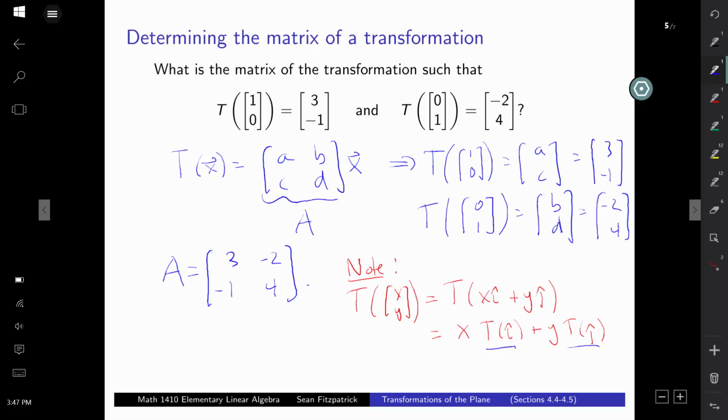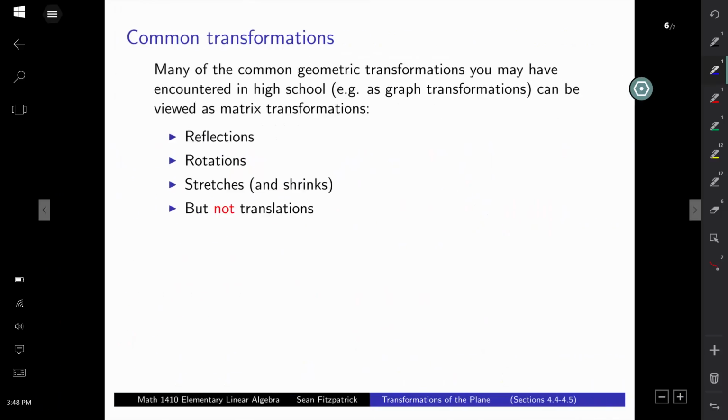So for example, if I wanted to do t of 2, 3, I would get 2 times t of i, which is 3, minus 1, and then 3 times t of j, minus 2, 4, and then I can simplify that. And what do I get in this case? 0 and 10.